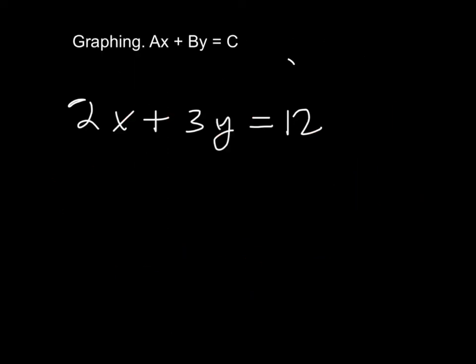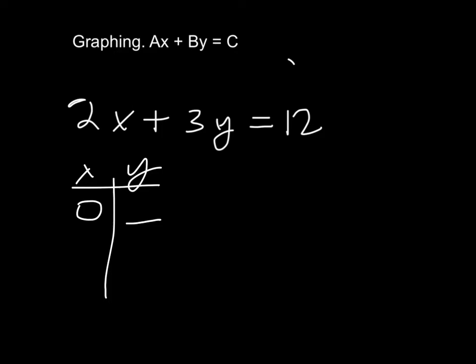The simplest and most accurate way to graph a line that is in standard form is to quickly figure out the intercepts. You recall, the intercepts are always going to be when the x-coordinate is 0. In that case, you will be on the y-intercept.